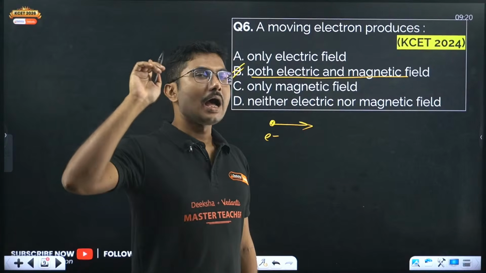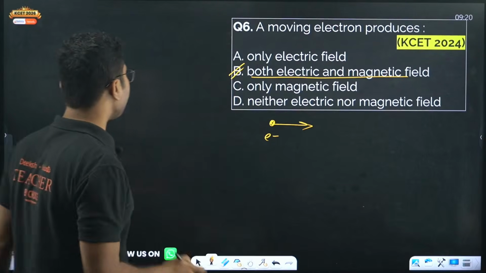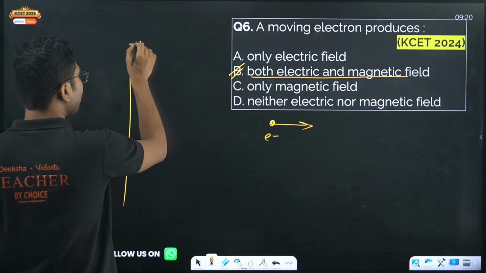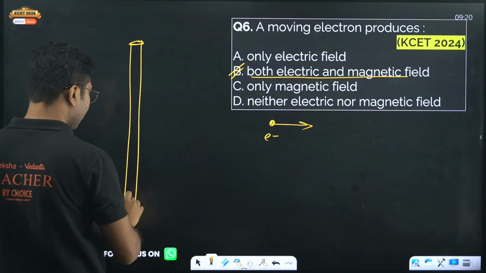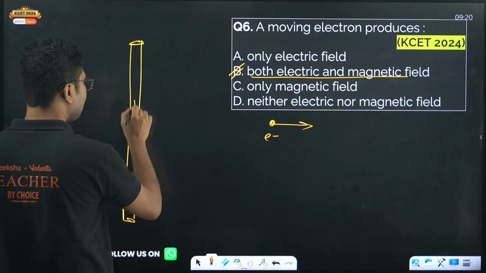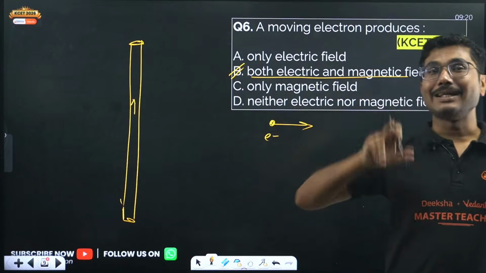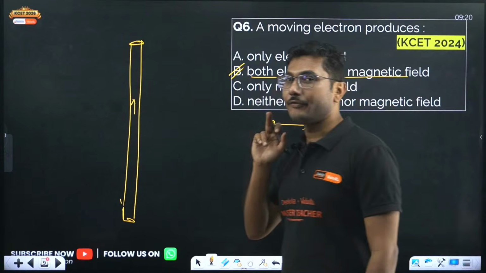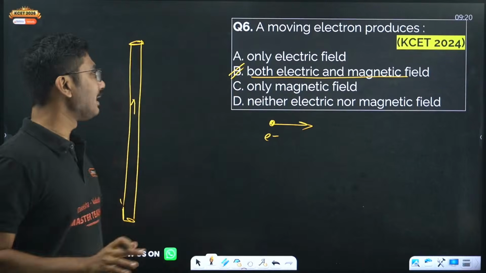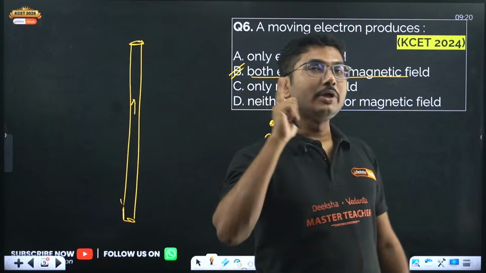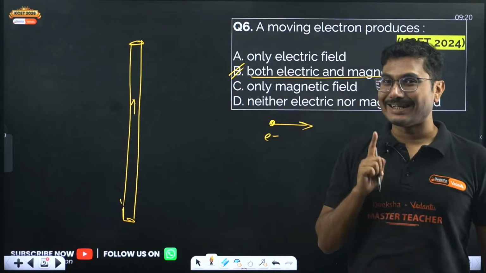Now here a very important concept to remember: when an electron is moving inside a conductor to produce a current, that electron is not a free electron. That electron is bound within the metal, so that electron will not produce any electric field.